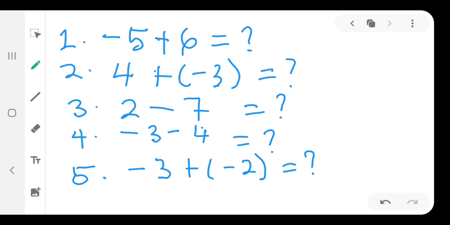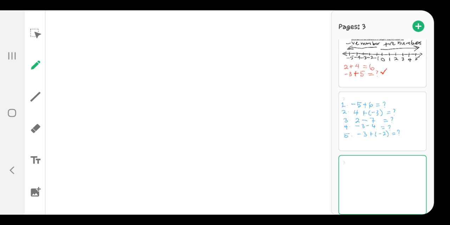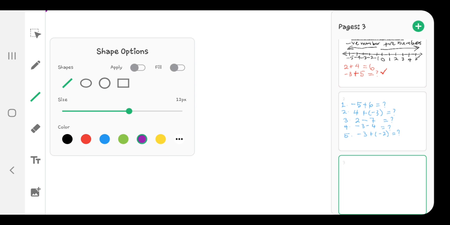So let's start with the first one. We put down our number line. Let's make our number line black.